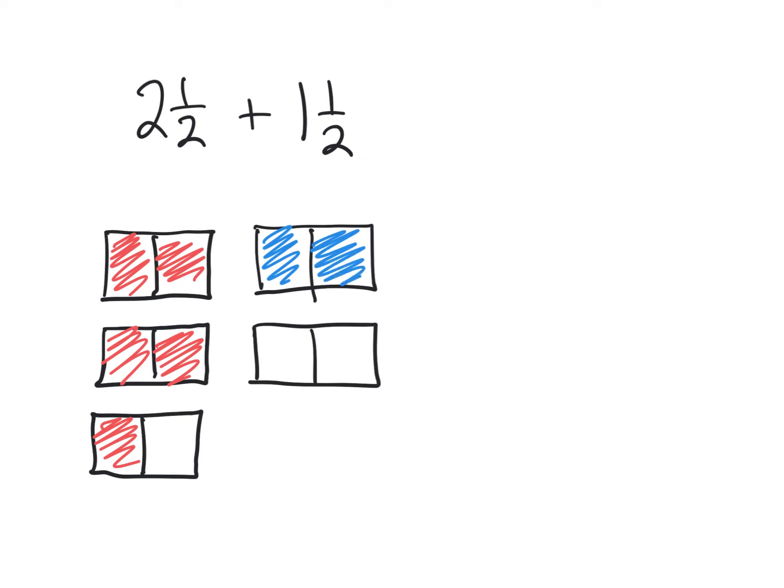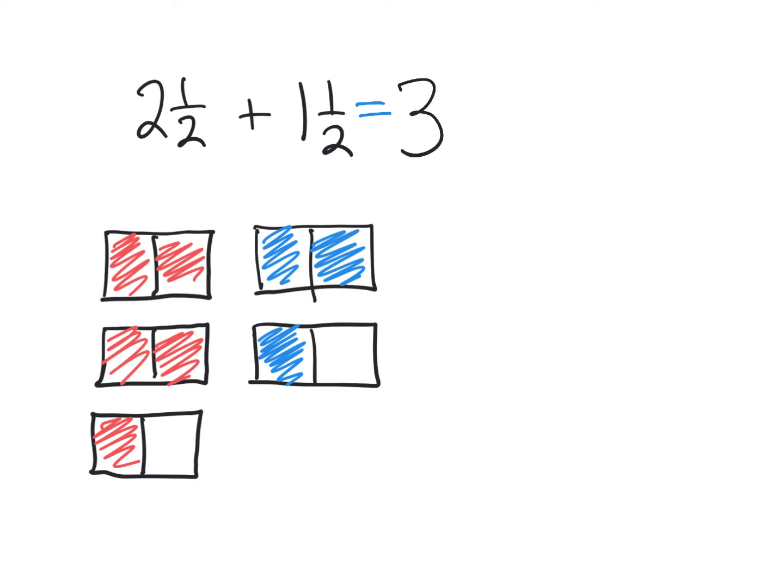Here's 1, and then here is my half. All right, so what I do now is I just count up how much I have. I have 1 whole, 2 wholes, 3 wholes here. So there are my 3 wholes.